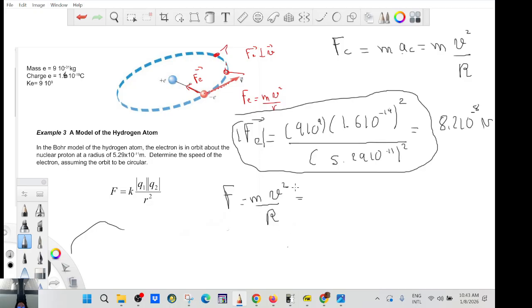Mass is the mass of an electron, so that will be 9 times 10 to the negative 31, times the speed squared over the radius, which is 5.29 times 10 to the negative 11, which equals the force. And you can isolate the speed. Agree?